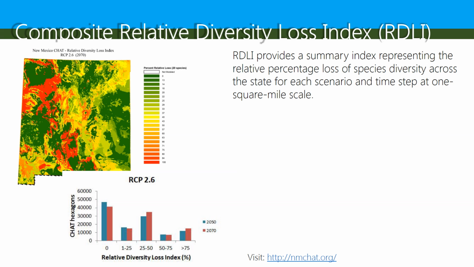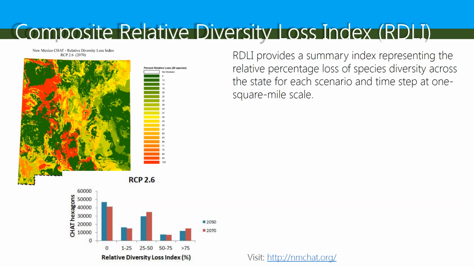RDLI provides a summary index representing the relative percentage loss of species diversity across the state of New Mexico for each climate scenario and time step at a 1 square mile scale. To interpret the RDLI, please refer to the image.